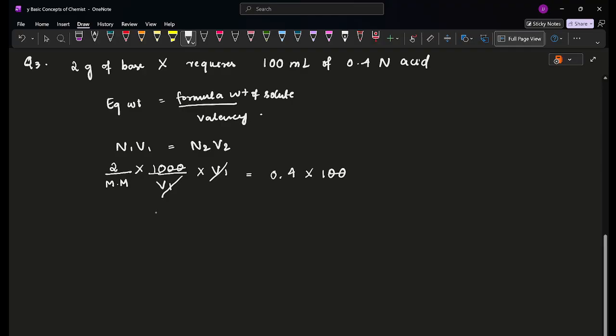And molar mass, let's see. Okay, I'm getting 50 as the answer.